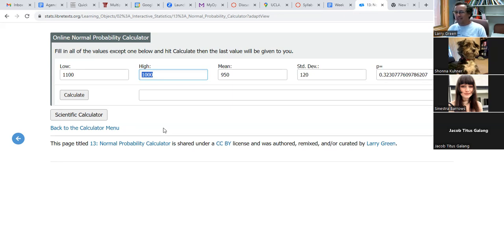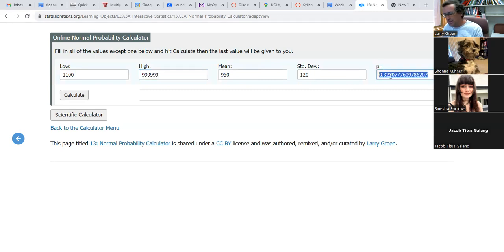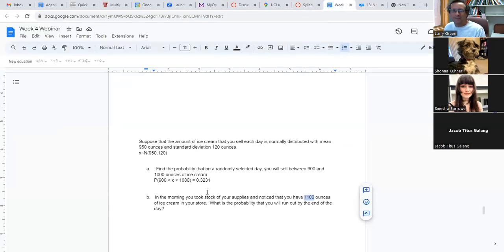If people wanted 1,101 ounces, you ran out. What's the most amount? Yeah, infinity. So notice now there's 4 digits, so I'm going to go 9999 and then add 2 more nines, so 6 nines. Any questions on that? The mean was 950, standard deviation is 120. That doesn't change. Probability is what we want. And hit calculate. So there's around a 10.56% chance of running out.